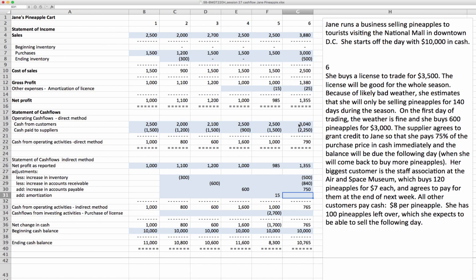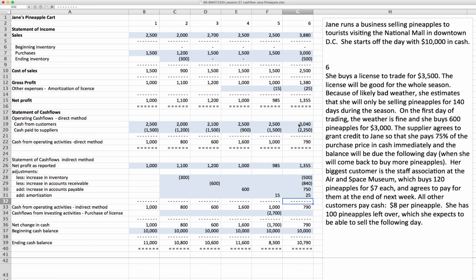And then there was the amortization, which we know we put through as an expense, but it's not a cash expense, so we add back the $25 amortization. And we can see, okay, by the time we've made these adjustments, the cash from operating activities using the indirect method is 790, the same as we picked up from the direct method.